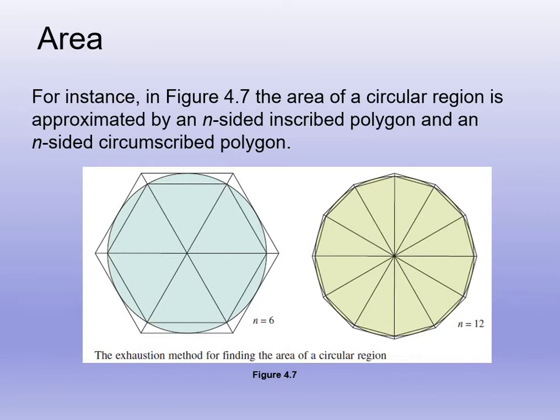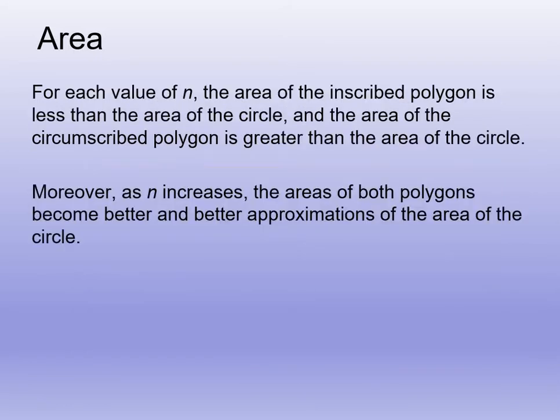But look what happens. We're evaluating the same circle, but what are we doing here? If we change the number of times we increment n. So if we look in the first example, if we only increment n 6 times, we won't be as precise. But if we increment n 12 times, we're going to be a lot more precise, and we're going to eliminate a lot of that error from going over or going under and not having enough.